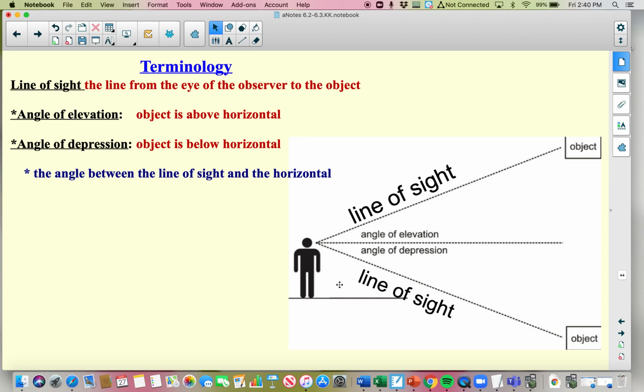So if you're standing right here looking straight ahead, this horizontal line of sight, the angle that it forms to the object that you're looking up to, so if this is the object, then this angle is the angle of elevation because I'm looking up. Angle of depression would be looking down. So if I'm looking down at an object, this angle with the horizontal is my angle of depression. So those are all defined there for you. Maybe the picture helps in case you've never heard that terminology. It wasn't heavily used probably in geometry, but it will be here.